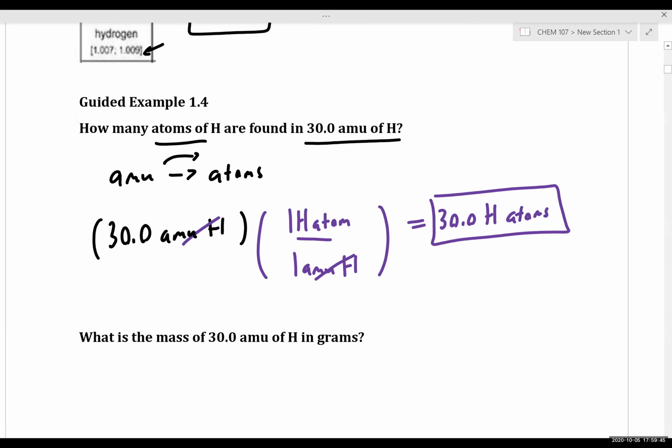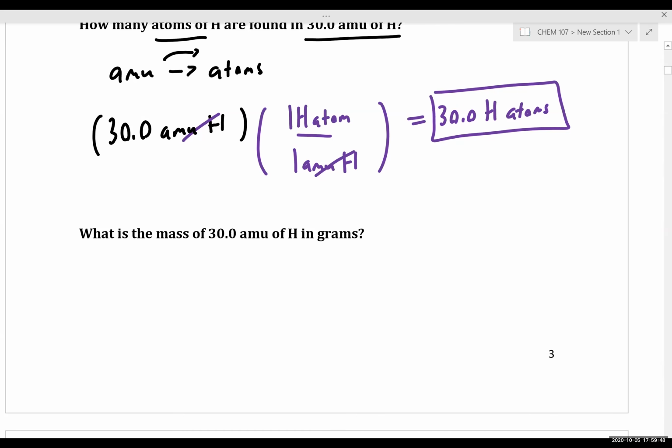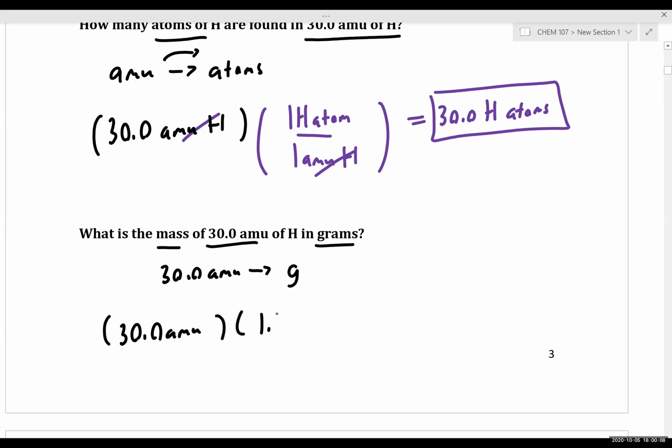We can take this one step further and calculate the mass in AMUs and convert it to grams. So in this case, we're going from 30.0 AMUs to grams. Starting off, we have 30.0 AMUs, and we know that we have 1.67 times 10 to the negative 24th grams per every 1 AMU.